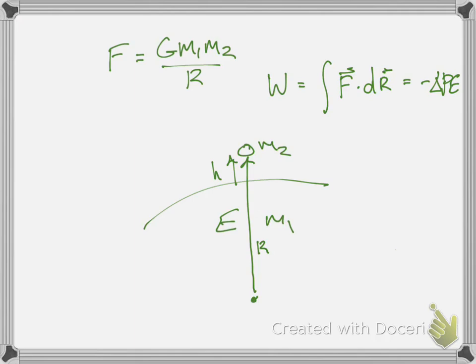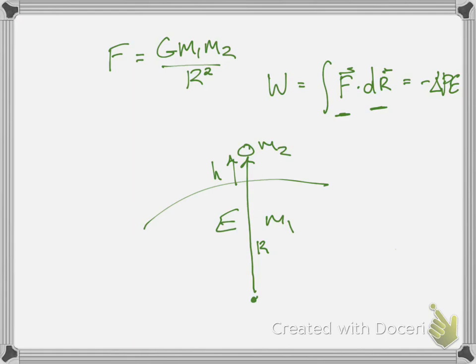When we were talking about the force of gravity near the surface of the Earth, F was just mg, so dr just became h, and it was mgh. But now we're talking about a force which has a different relationship to distance, so we've actually got to do this integral. Whoops, I forgot to write r squared over here.